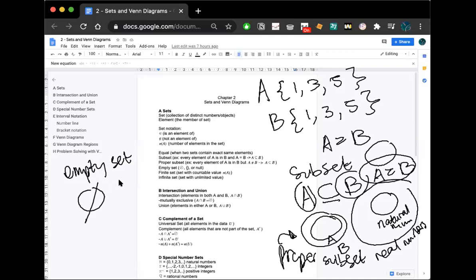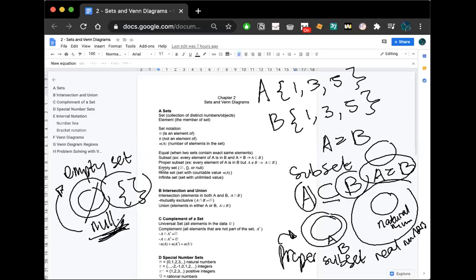Or if you want to express it in mathematical symbols or notations, you just add the brackets with nothing inside. We also sometimes call this null. I think in IB they only accept this or this because I didn't see this in the textbook, but in my experience in IGCSE, you can use the word null, and that would express an empty set.